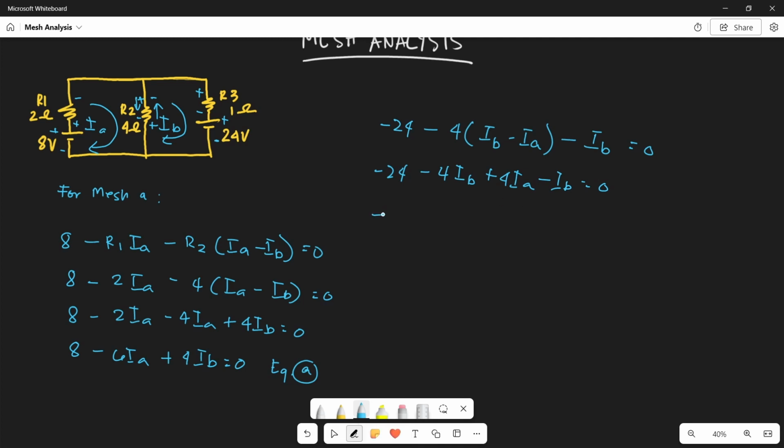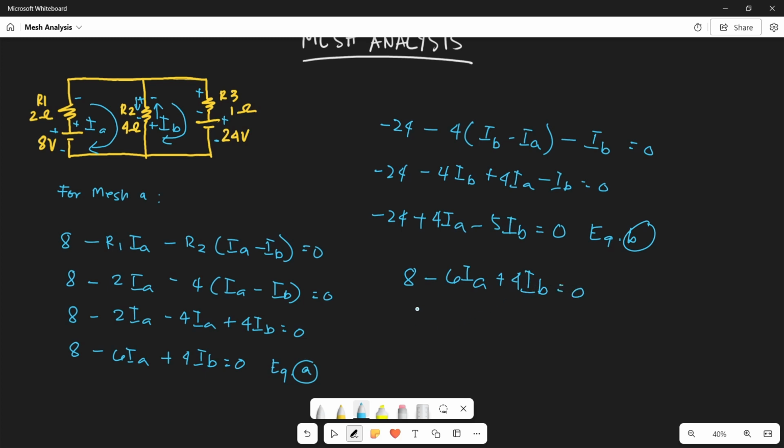Simplifying this will become negative 24 plus 4 IA minus 5 IB equals 0. So we now have two equations. This one will be equation B. So what we have to do now is to solve these two equations. So this will become 8 minus 6 IA plus 4 IB equals 0.